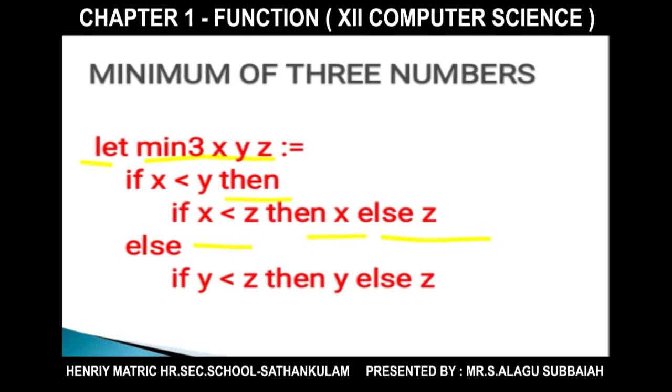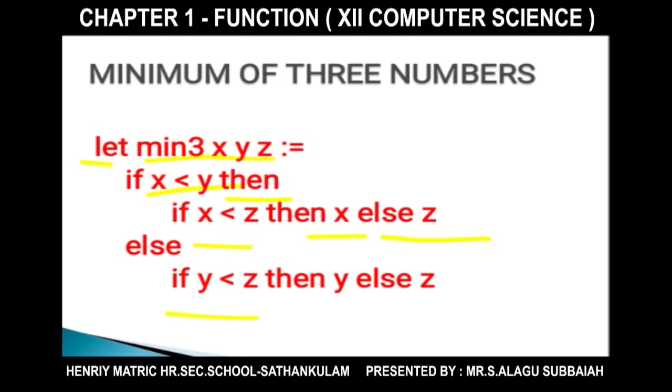Suppose in the if condition, x less than y is false, then we come to the else part, where the x value is greater than y and the y value is less than x. Here we can check that y is already less than x, and we come to the if part.